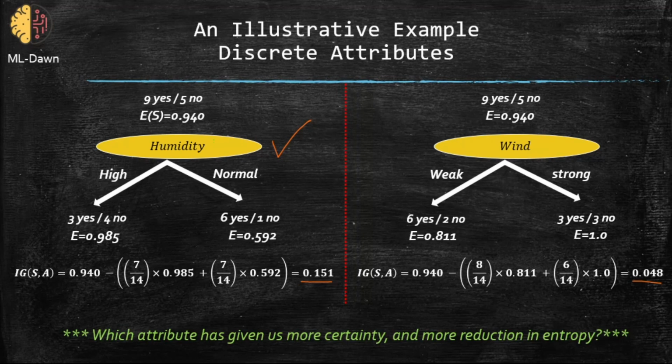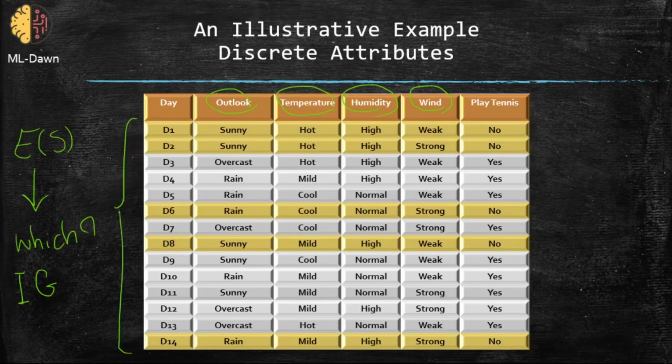Now, what if we had continuous attributes, meaning that the values are not nicely behaved like what we saw over here. Outlook can have only 3 values. Temperature could have only, again, 3 values. Humidity only 2 values, and wind only again 2 values. What if our attributes were continuous?